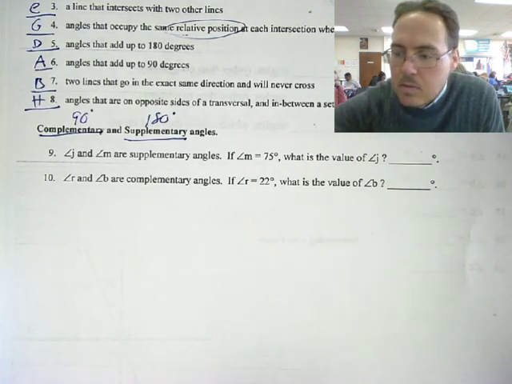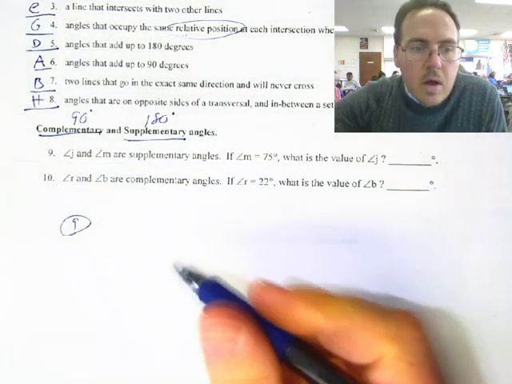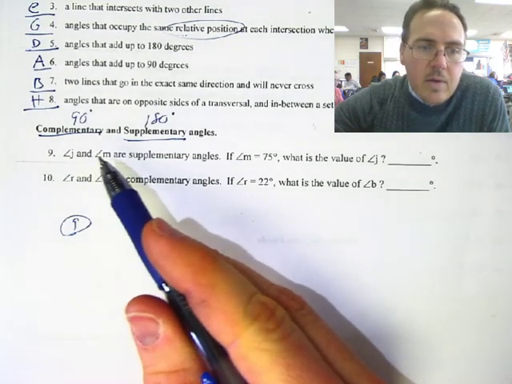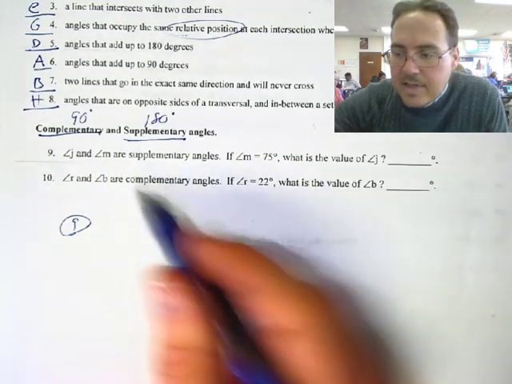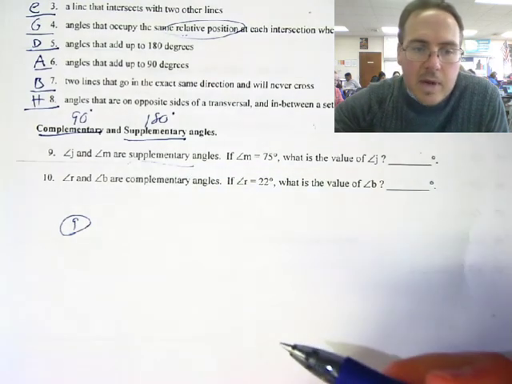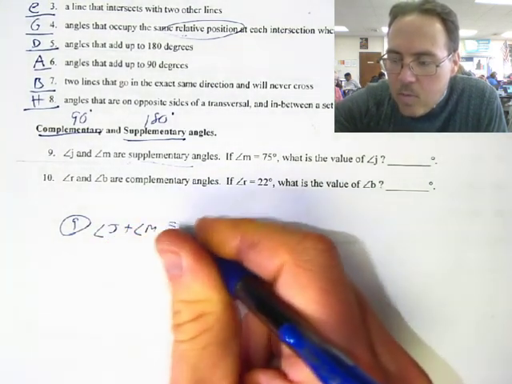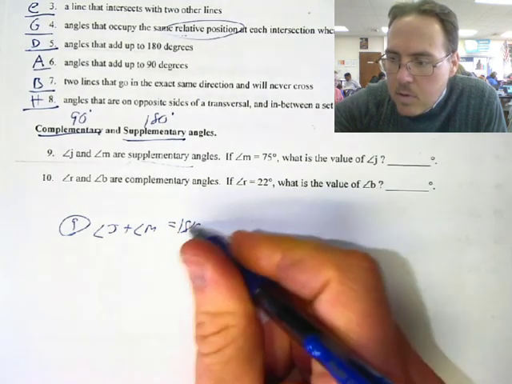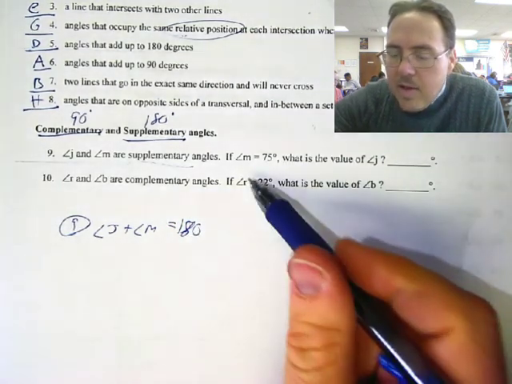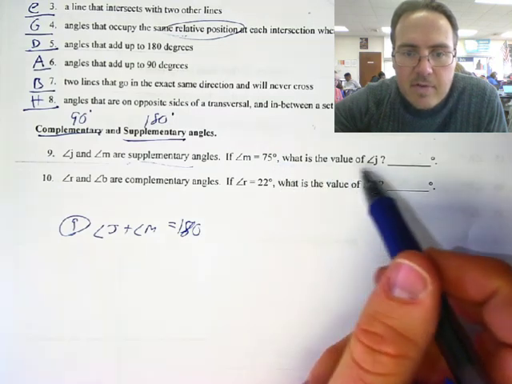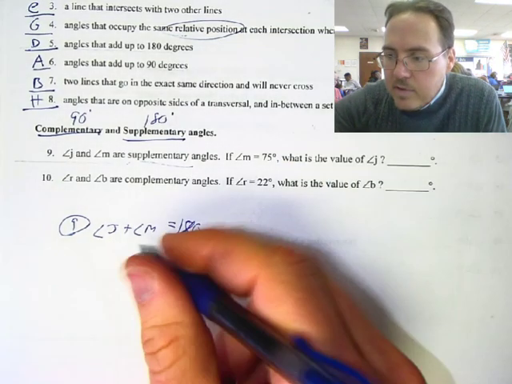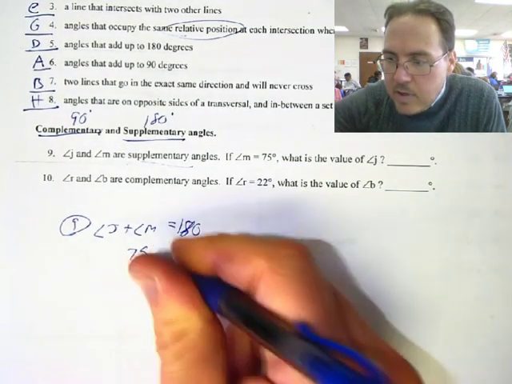So for number 9, here's my scrap work. Angle J and angle M are supplementary angles. As soon as I see that word supplementary, I know they add up to 180. So angle J plus angle M is going to equal 180 degrees. If angle M is 75 degrees, what is the value of angle J? They're telling me that angle M is 75 degrees.